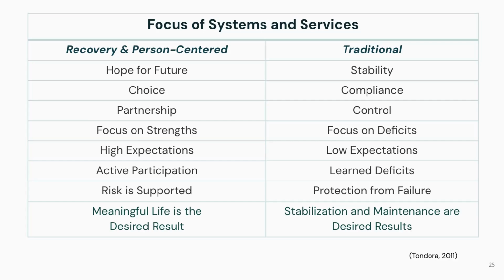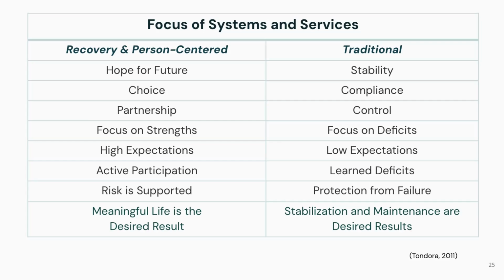In the traditional system, you can really see how this emphasis on stability made sense. In some ways, we were really thinking about compliance, not just with medication, but related to anything that the service system deemed to be more appropriate for a person, which of course was controlling.